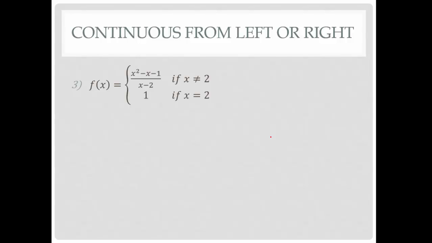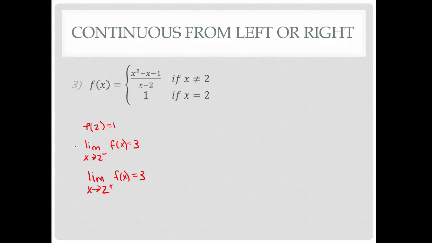If we look at the third example, same three pieces of information that we need. From the previous questions we were answering, we knew that f of 2 is 1, the limit as x approaches 2 from the left on the function was 3, and the limit as x approaches 2 from the right on the function was 3. Our conclusion was that this had a removable discontinuity at x equals 2. So at x equals 2, is this continuous from the left?